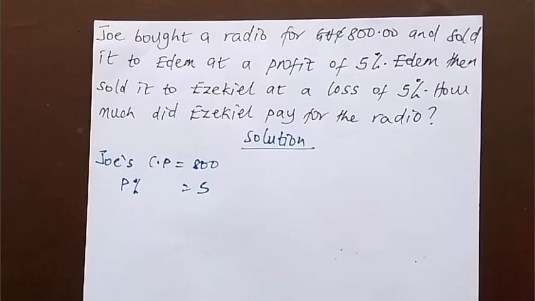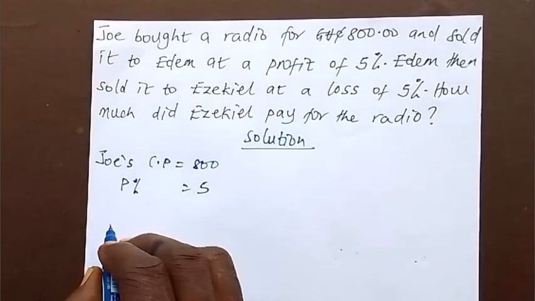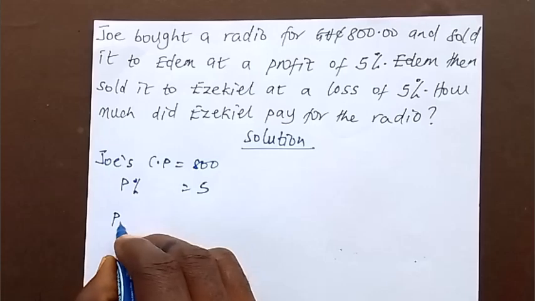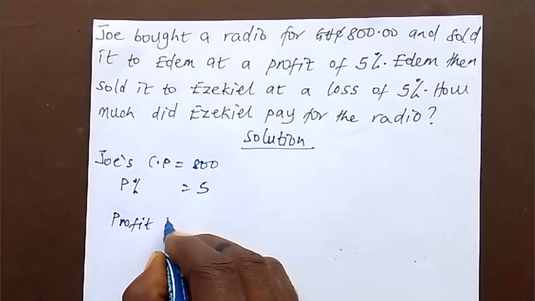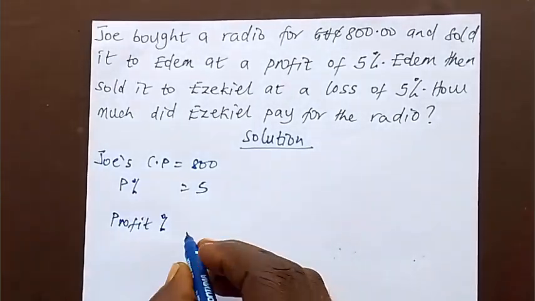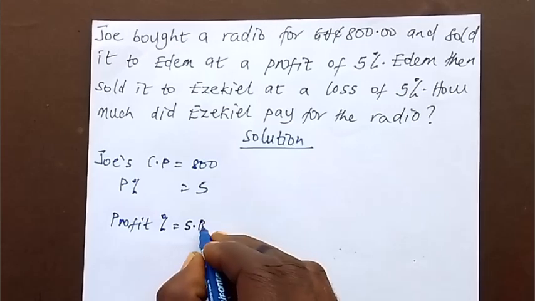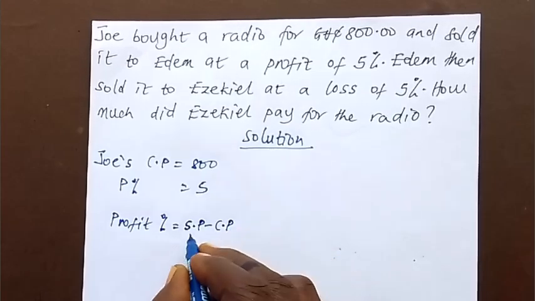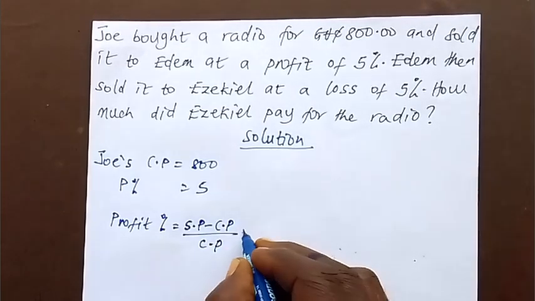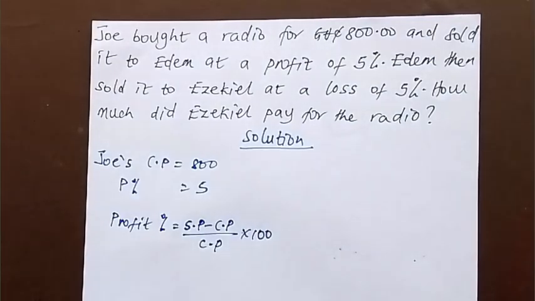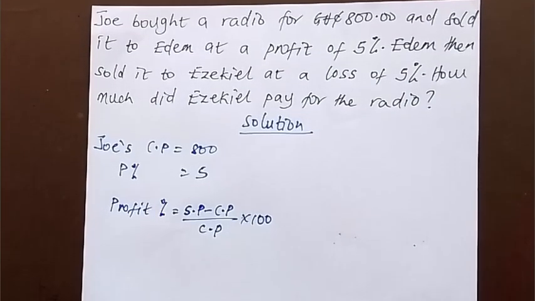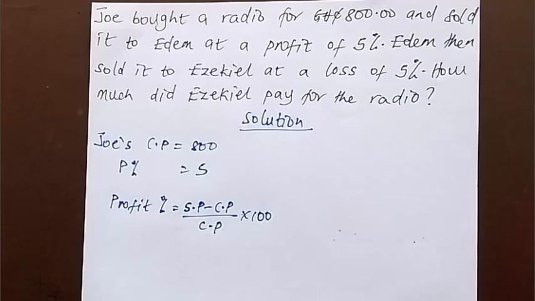We know to find the selling price, now profit percent, that's the formula for profit percent: selling price minus cost price all over cost price multiplied by 100. From the information we have, what is required here is the selling price, because you need to determine how much Joe sold the radio to Edem for.